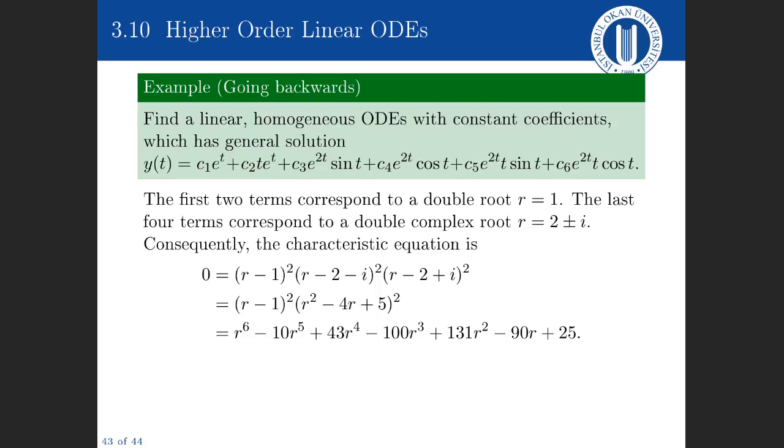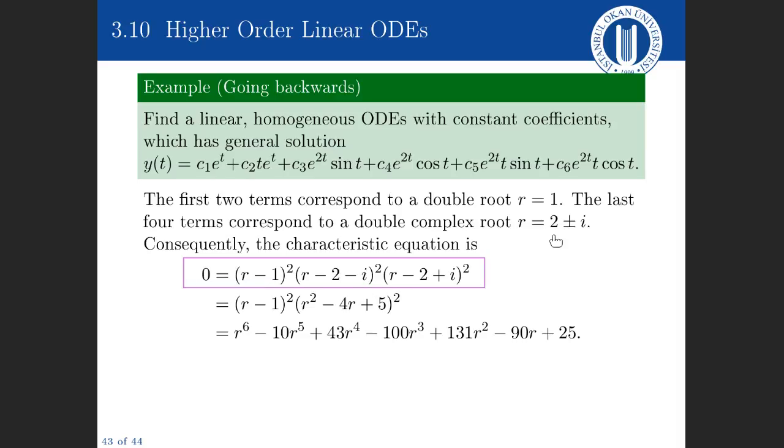So the characteristic equation should look like this. Just looking at the part in the purple rectangle first of all. First, we have the root 1, so there's going to be an r minus 1 term. Because this is repeated, it's going to be squared.